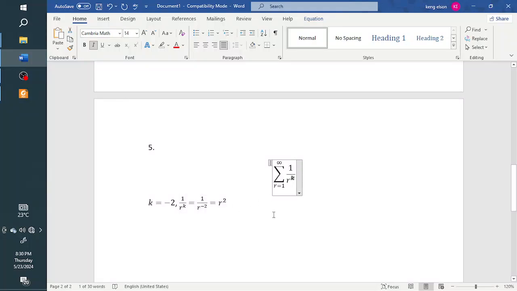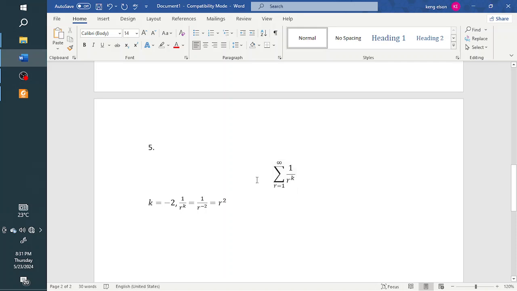Now let's talk about when k is equal to 1. If k is equal to 1, then you're just going to sum what we call the harmonic series, and the harmonic series by definition diverges. So basically this is going to converge when k is strictly greater than 1.